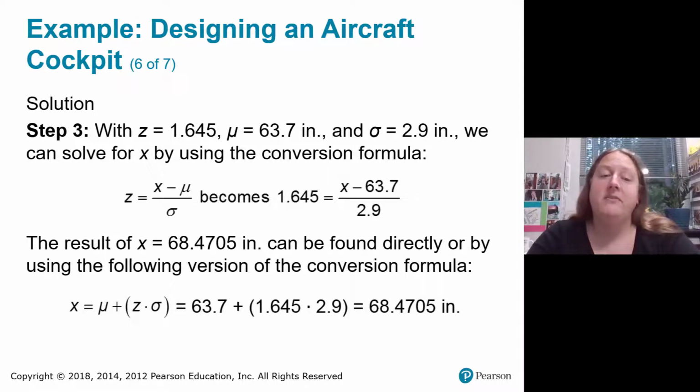And then once we have that, we can plug that in for z to our z-score formula, plug in the mean, plug in the standard deviation, and then we're going to solve for x. Solving for x, we get 68.4705.